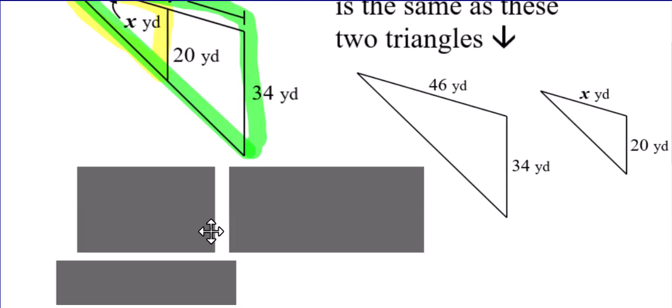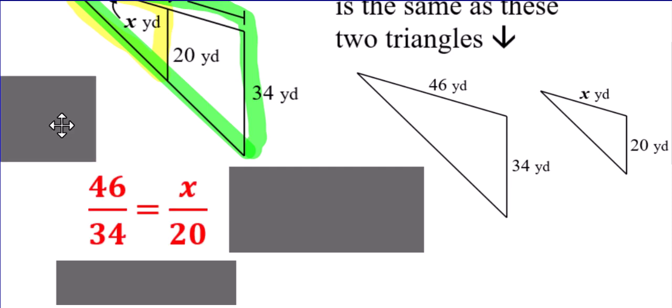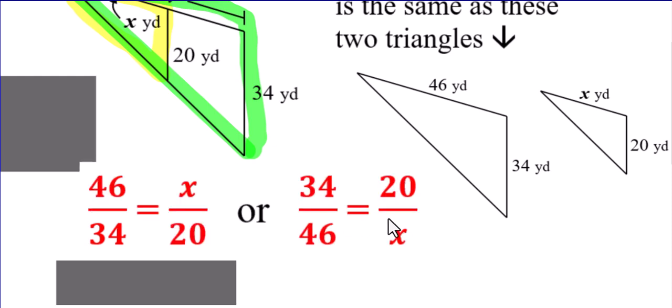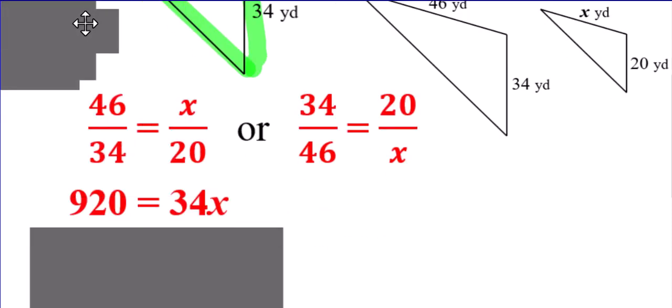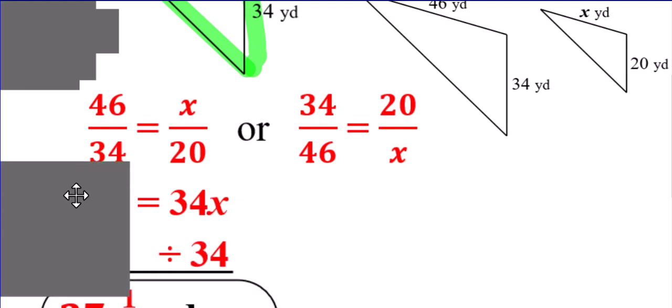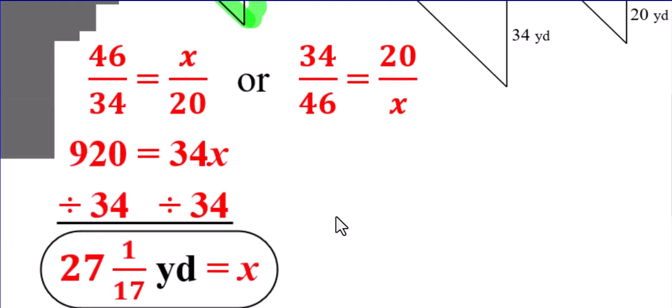All right, problem number 8. Your proportions were 46 over 34 equals x over 20, or flip-flop them. That would also work. Cross products and then divide. Not a pretty answer. If you got the decimal version, I would totally recommend making it the mixed number.